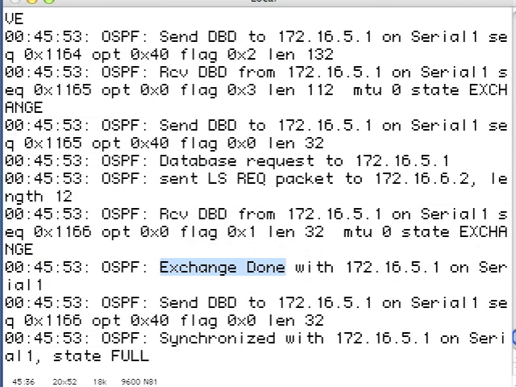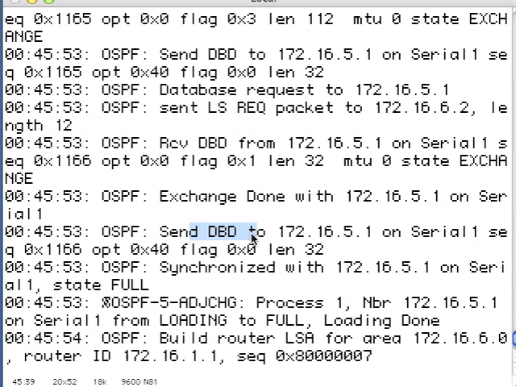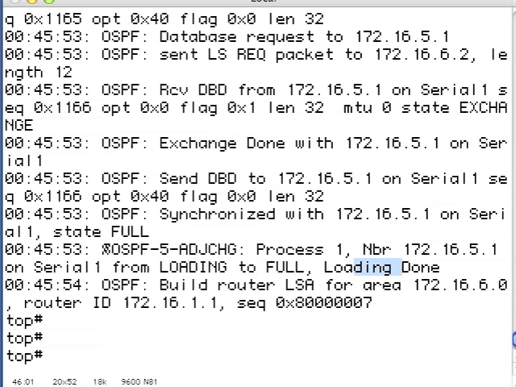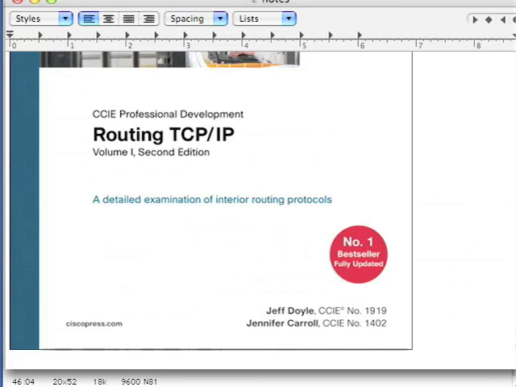And then exchange done. And still exchanging database information, and then we're synchronized and our state goes to full. And then we see this log message, which is OSPF process 1. We have a new neighbor, neighbor 172.16.5.1. We went from loading to full and loading done, so we became neighbors. Let's talk a little bit about what that means.